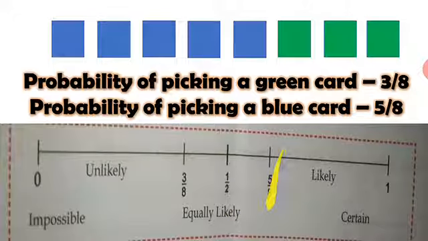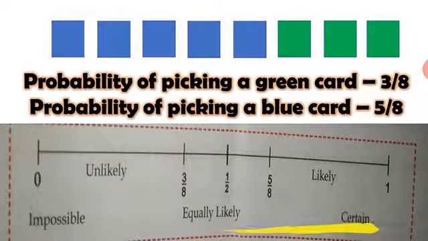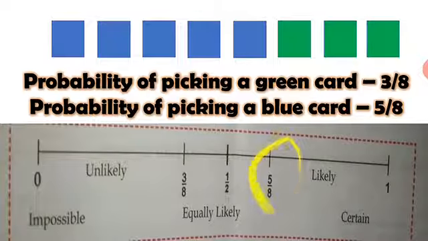So 5/8 is in between equally likely and certain, and the probability in between equally likely and certain is likely. Therefore, the probability of picking a blue card first is likely, while picking a green card is unlikely.